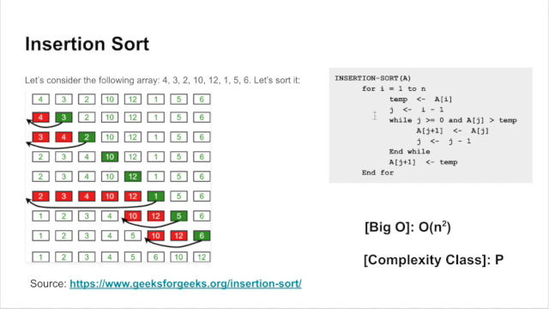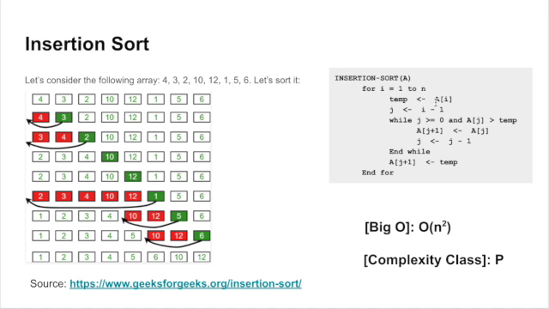And then here is our pseudocode, and here we have two loops, and the maximum time complexity for these loops is n per n. We're traversing up to n-1 elements every time.